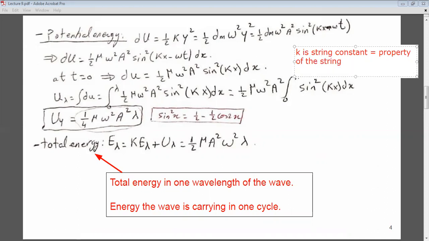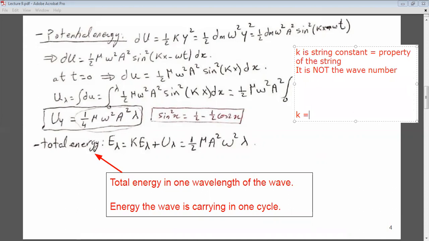It is not the wave number. To get this k, you have to remember this formula: omega is the square root of k over m. So k is omega square times m.